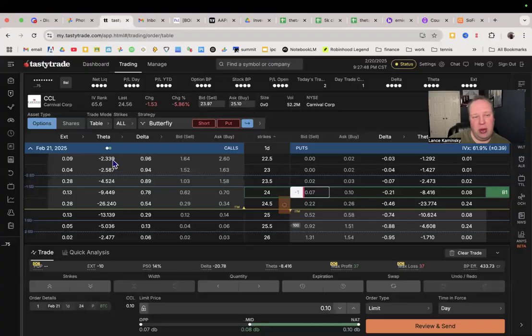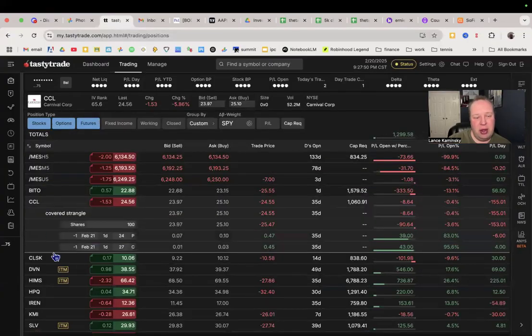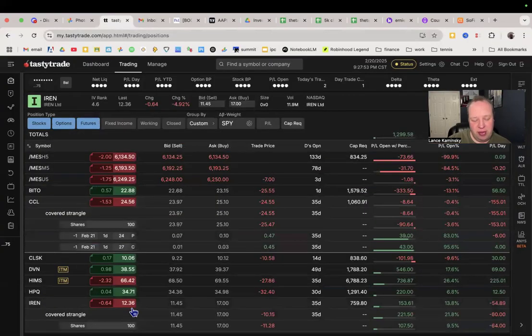And if you look at IRON right now, we're at 12.36. There's over a $500 gain off the cost basis already. It would make a lot of sense for me, at least, to be buying a married put off it. It may not necessarily make a lot of sense for you if you're just starting out on the position.